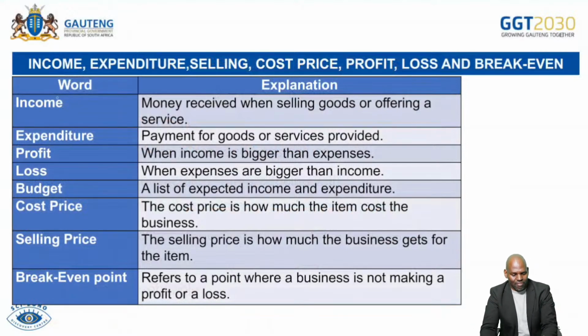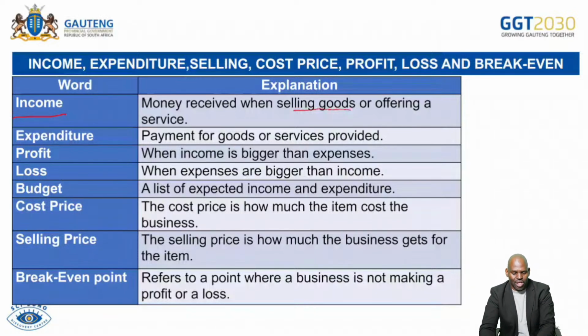For instance, if they ask you to define an income, what are you going to say? You might have your own way of defining it, but just to give an idea, an income is the money received when selling goods or offering a service. Think about when you are running a business: an income is all the money that you're going to receive.